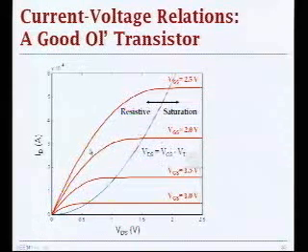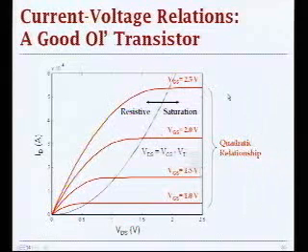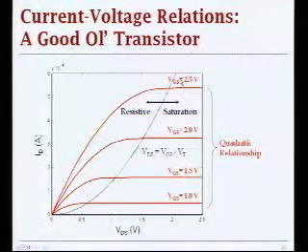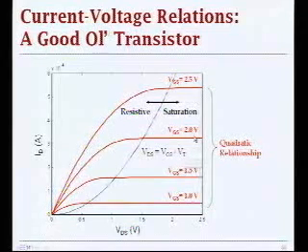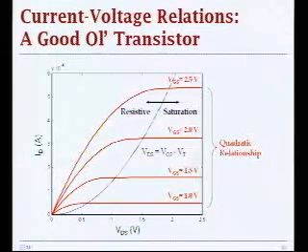If you're on the left, you have an almost linear relationship. If you're on the right, you have an ideal current source to a first approximation. And as you can see, if you keep increasing your VGS, the spacing of these curves, for equal spacing in VGS, gets larger and larger on the y-axis. And this is due to the quadratic dependence in the ID versus VGS characteristic.